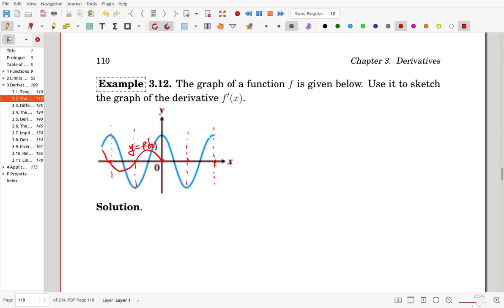The same way for that, this region is the same as that, so again it goes down and becomes 0, and this region is the same as that region, so it is increasing and goes down to 0. So that is the graph of y equals f prime.